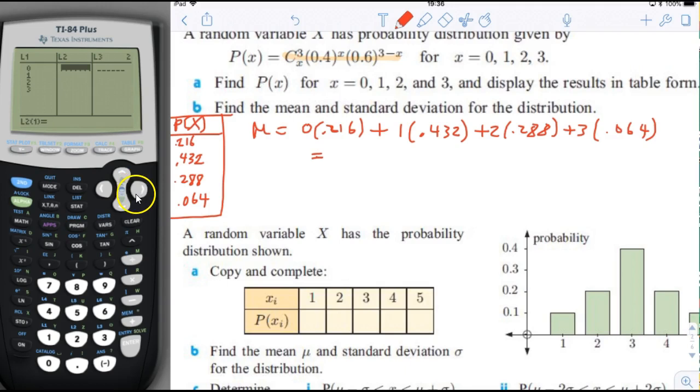And then over here, I'm going to put 0.216, 0.432, 0.288, and 0.064.